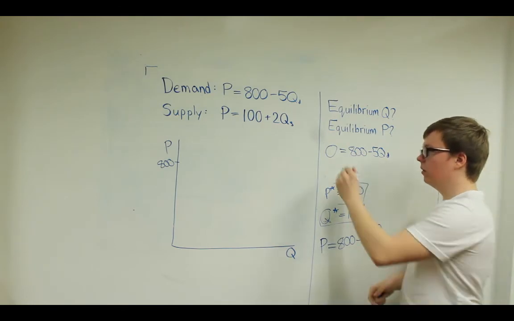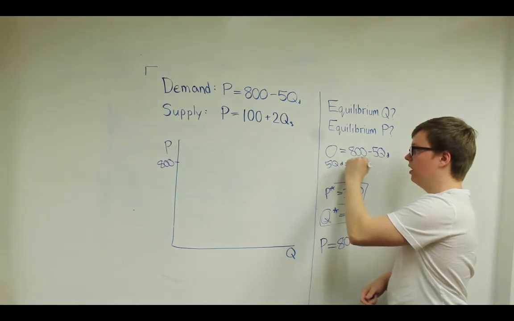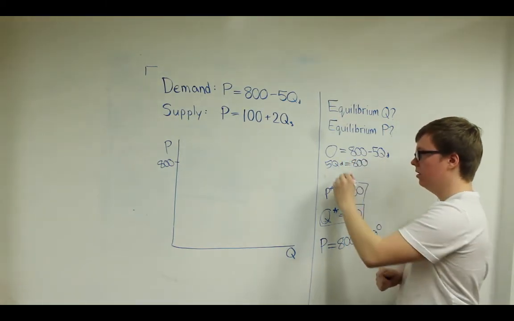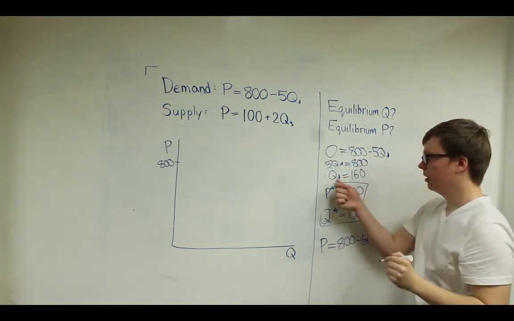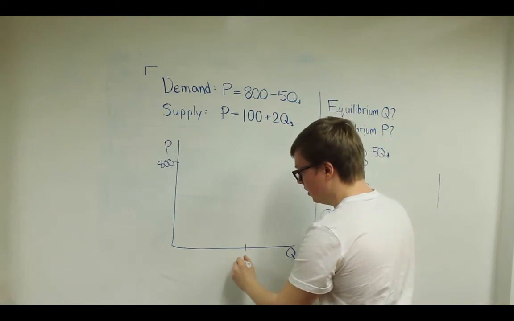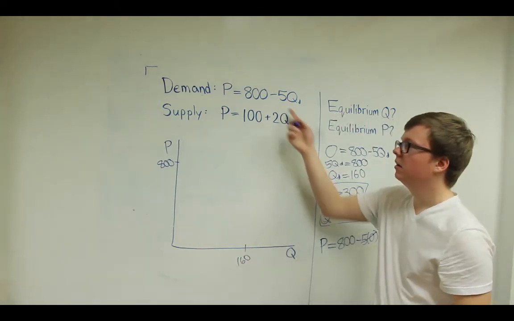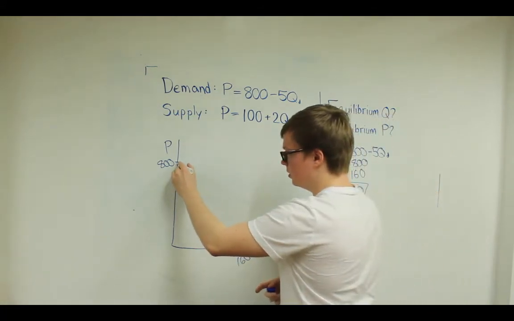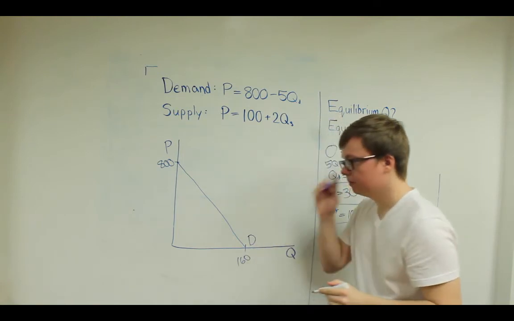You add 5 quantity demanded to both sides, and you get 5Q equals 800. Divide by 5, and you get that QD is 160. So it intersects the quantity axis at 160. Then we know it has a constant slope, so it's just a straight line like this, and that's our demand curve.